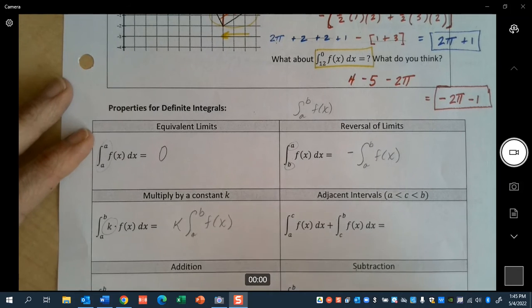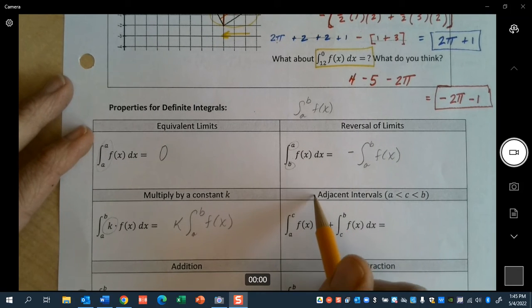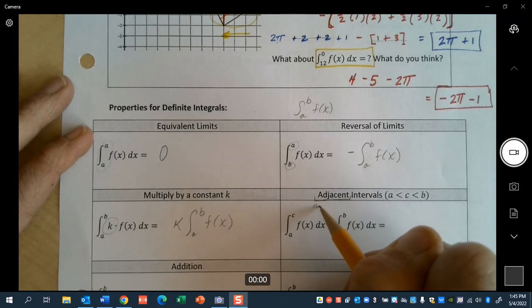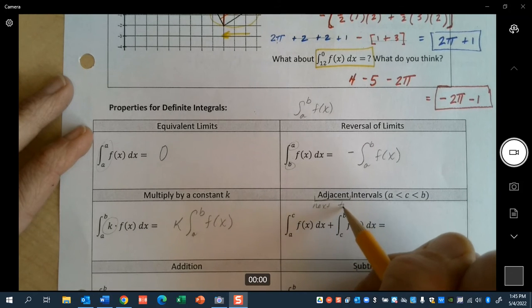If you have intervals that are adjacent, what does the word adjacent mean? Next to.